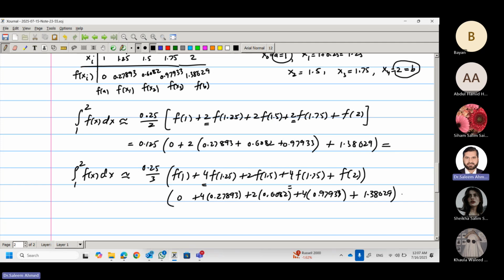Right? So that will be your answer. So this is by trapezoidal rule, and this is by Simpson's. Okay? So very easy formulas.